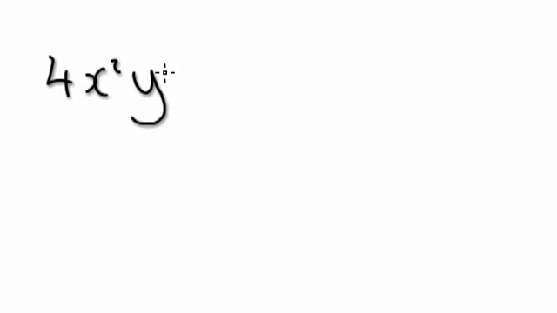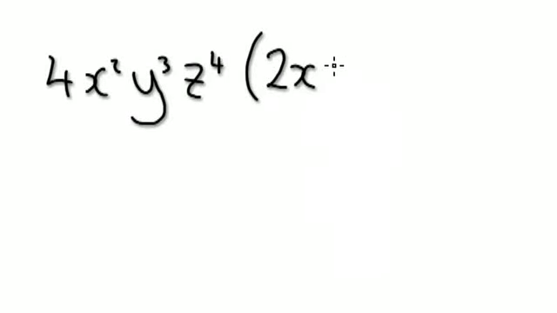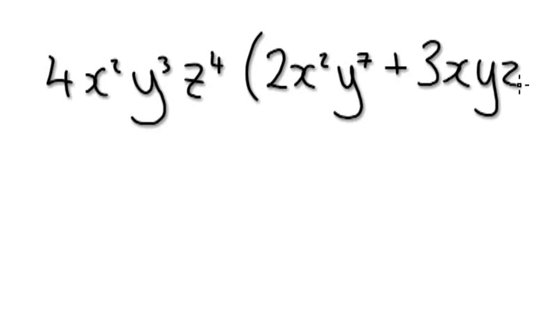Let's say 4x squared y to the power of 3, z to the power of 4, times 2x squared y to the power of 7, plus 3xyz.